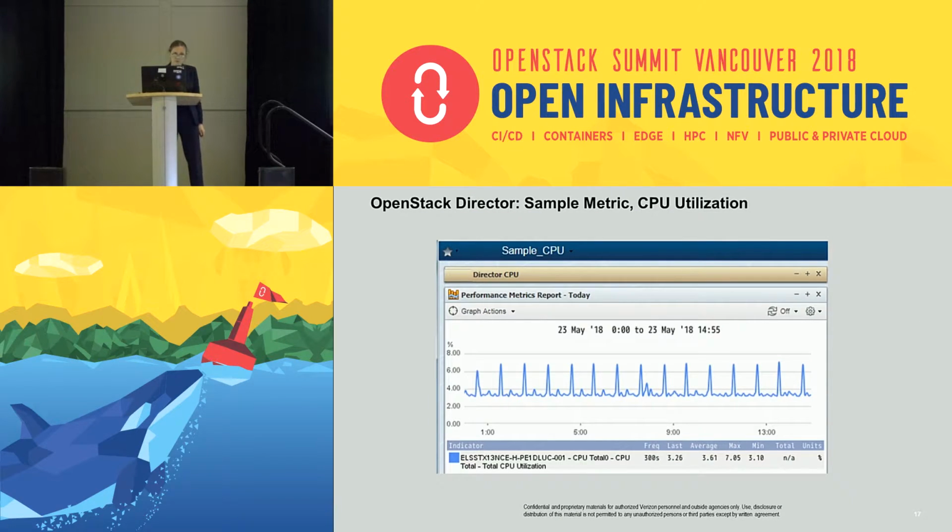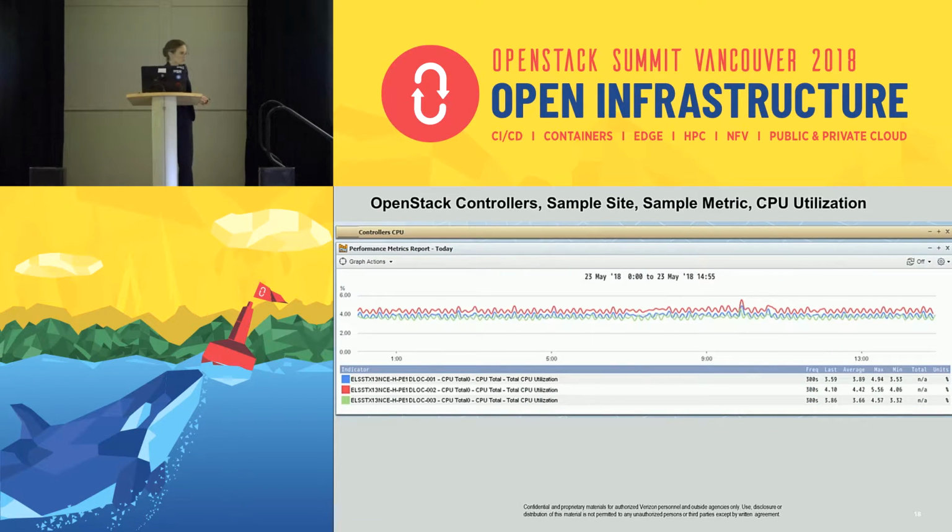So then for the specific elements for OpenStack, the director, focusing on a single metric for now, CPU utilization, we don't see a lot of CPU utilization on the director. But once the overcloud's deployed, we don't really expect to, so that's fine. And then controllers, a moderate amount of utilization.